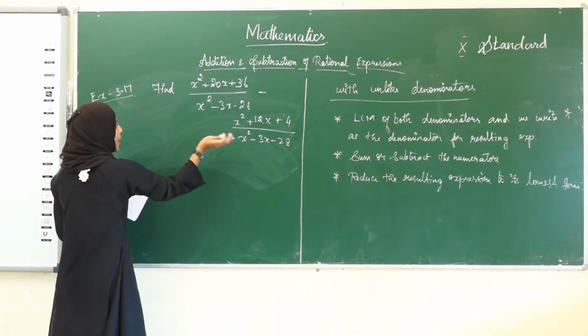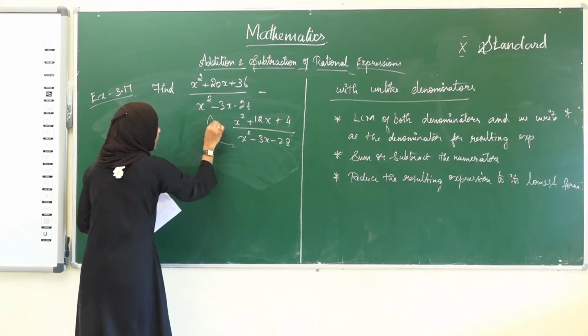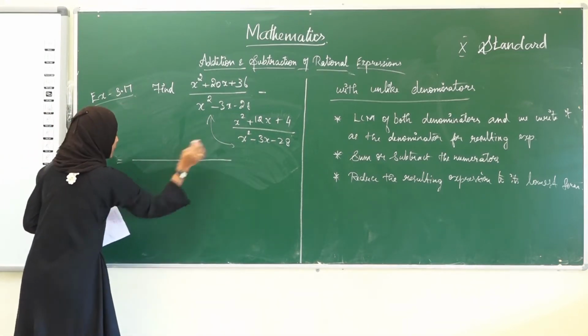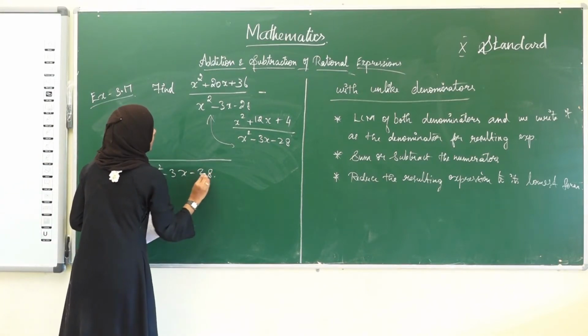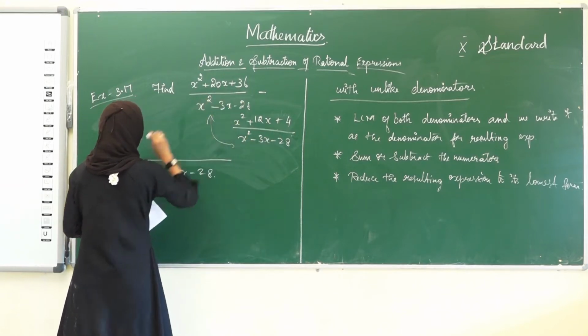See, we have to subtract this from this. We have the common denominators, therefore the resulting denominator will be the same, x square minus 3x minus 28. We have to subtract this term from this.